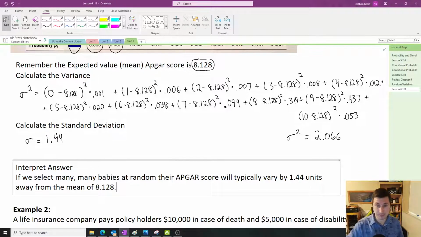All right, they will typically be about 1.44 units away from the average of 8.128. All right, so that's a big, long calculation. That's about as tedious as we will ever get there.